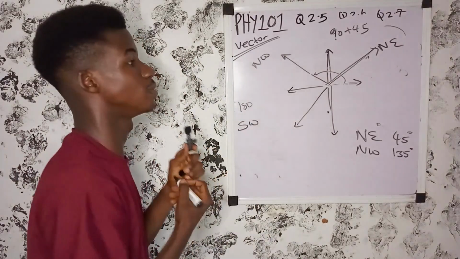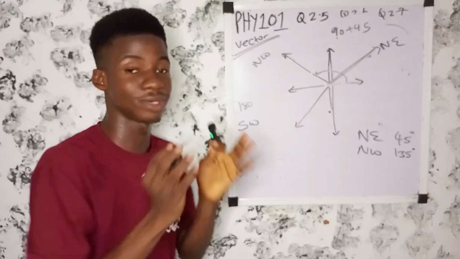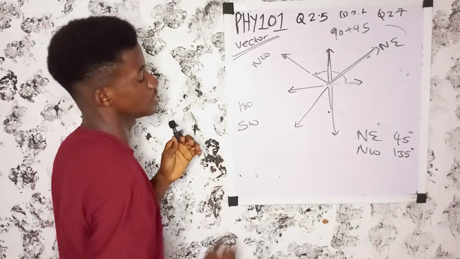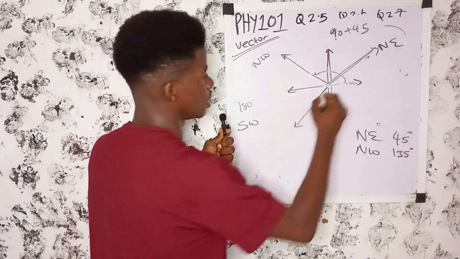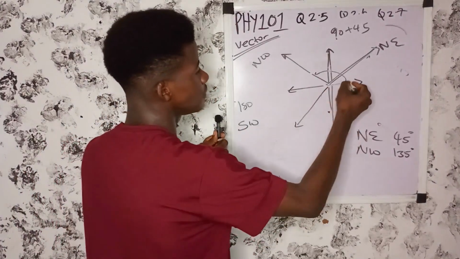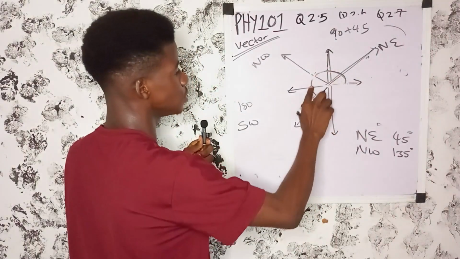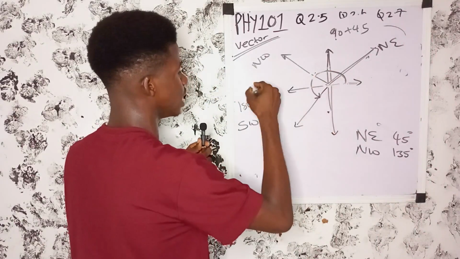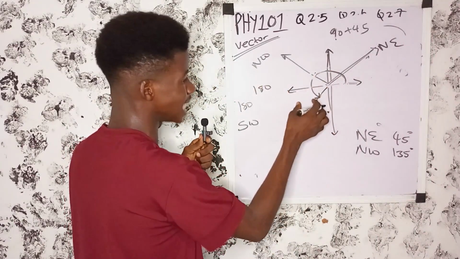What about southwest? Where is the angle? Please take note that we are not cramming anything here. I don't teach students how to cram. So this is southwest. With reference from the positive x to this place, from here to here is 180 degrees, and this full place is 90.